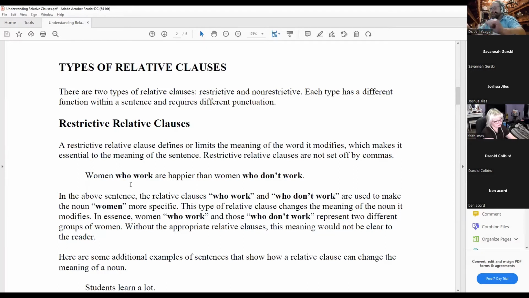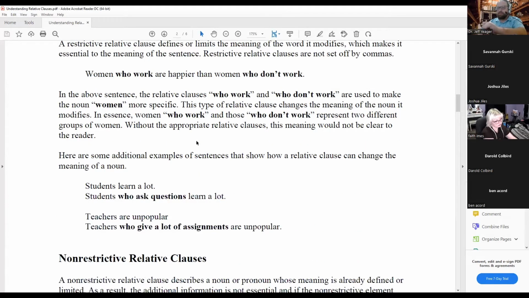Let's say you take that relative clause out, both of them, the sentence would read, women are happier than women. That doesn't make any sense, right? So that's why you leave commas out. If it's especially essential to the meaning of the sentence, you don't put commas.